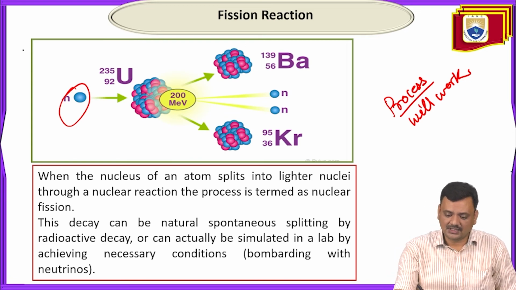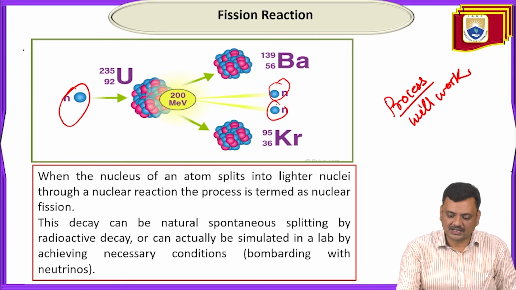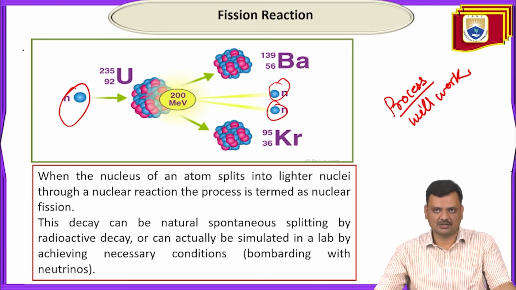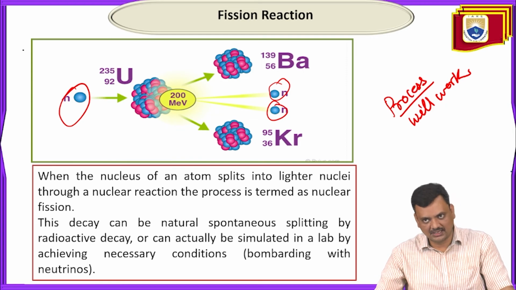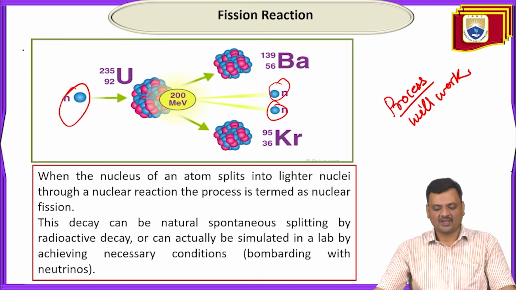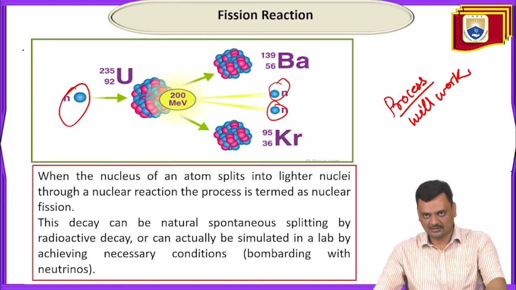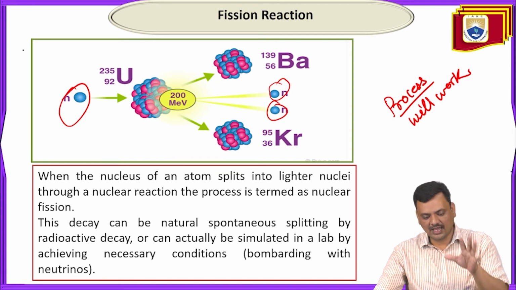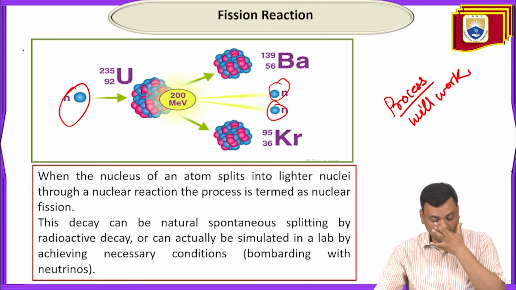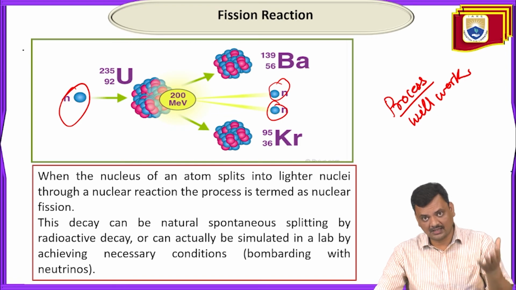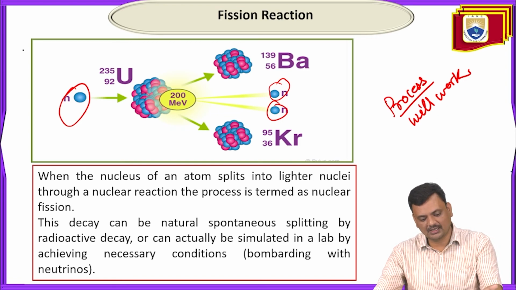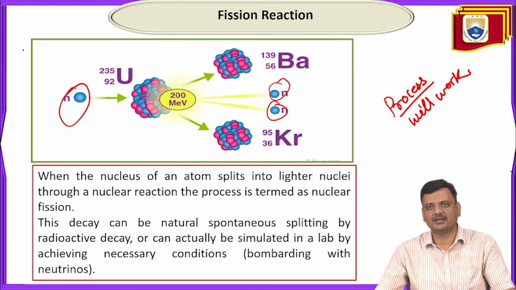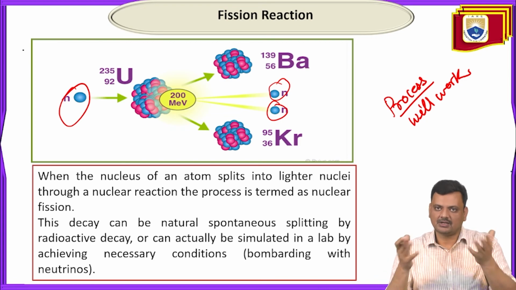In this process, two neutrons are again generated, and around 200 million electron volts of energy is released. Same thing, the neutron has enough energy, more than the binding energy, so that when it strikes the uranium atom, the uranium atom will break.